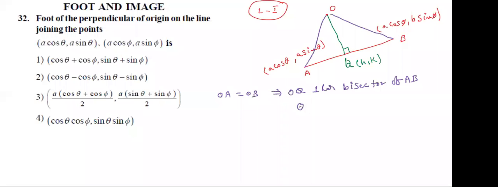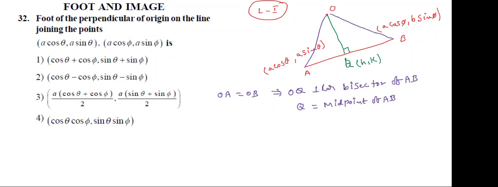Here Q is the midpoint of AB. Perpendicular bisector means Q is the midpoint of AB, or not?